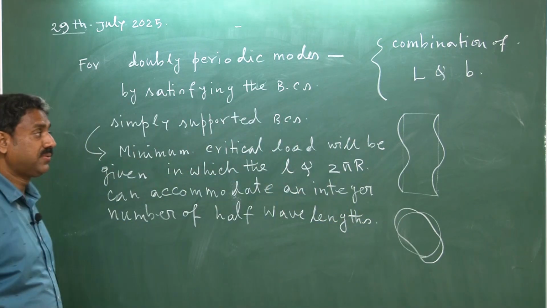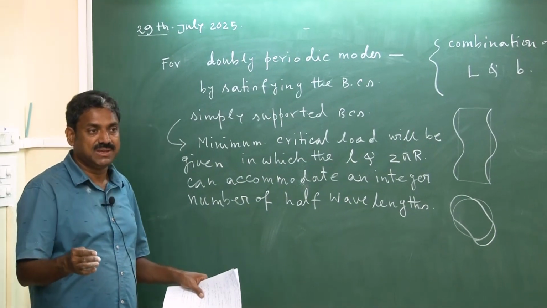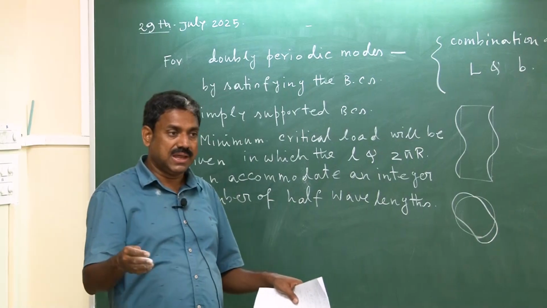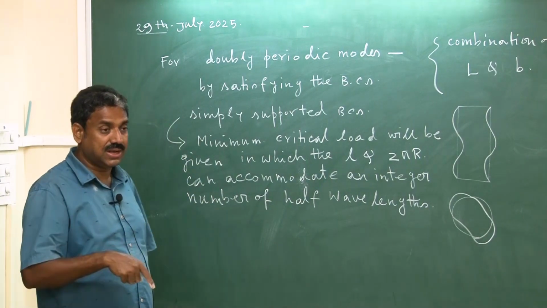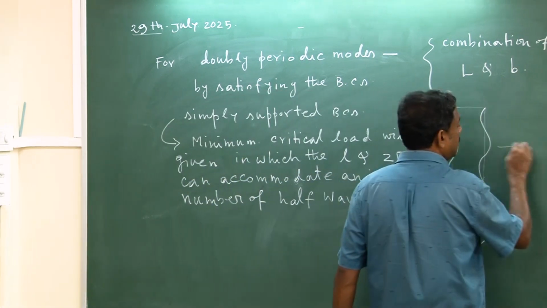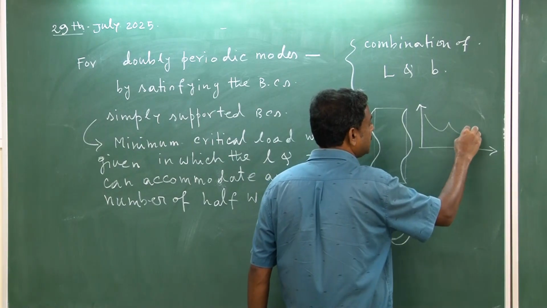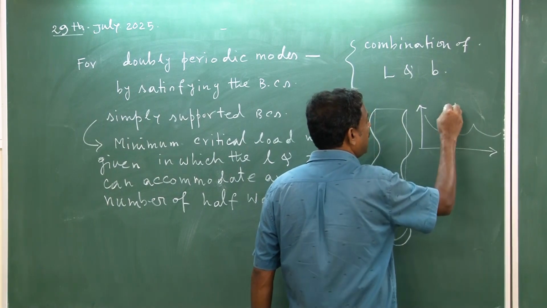So that is very important. You have seen that in the plate, wherever our plate dimension B is such that the plate length accommodates an integer number of half wavelengths, that's where it was minimum, right? Can we recall the Arnold tongue structure? It was something like this, something like this. So what is happening?